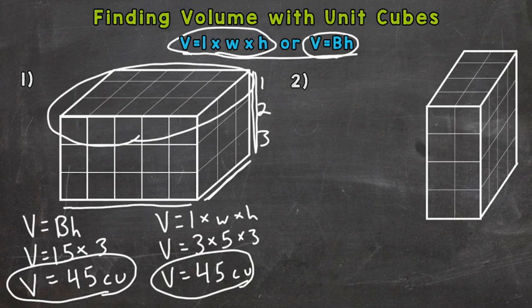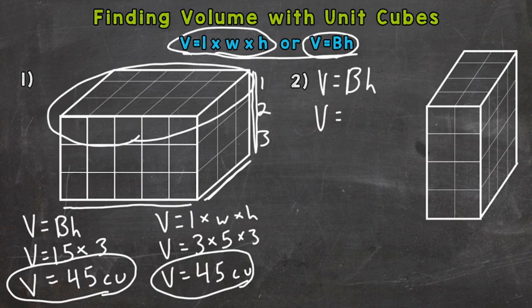So let's take a look at number 2. So we have a rectangular prism there. We're going to find out the volume by finding how many cubic units fill that rectangular prism. So again, two formulas we can use. We'll go through both. Volume equals the area of the base times the height. So for this one, you find the area of one of the layers and then multiply it by how many layers there are.